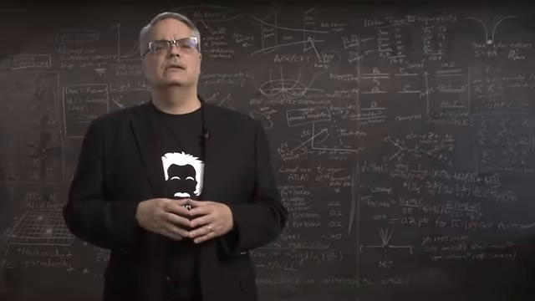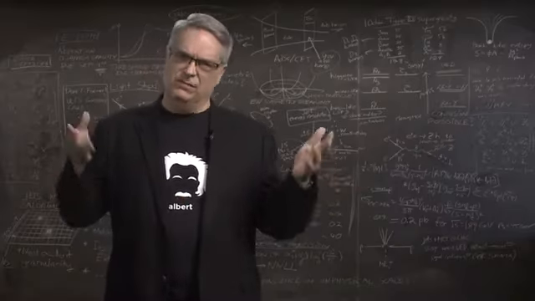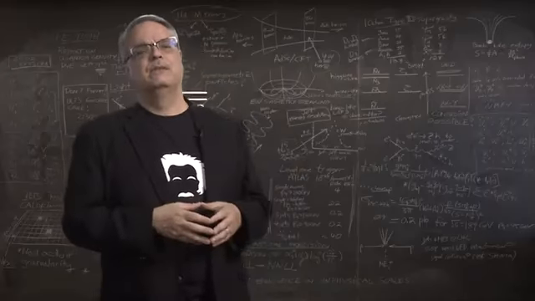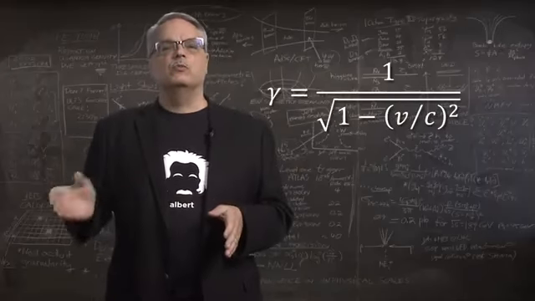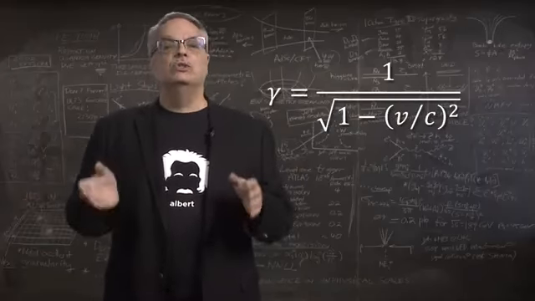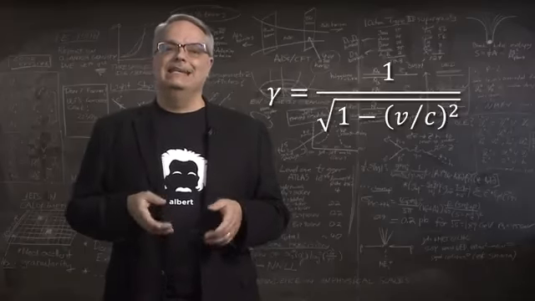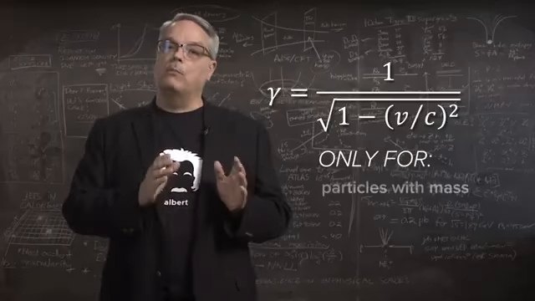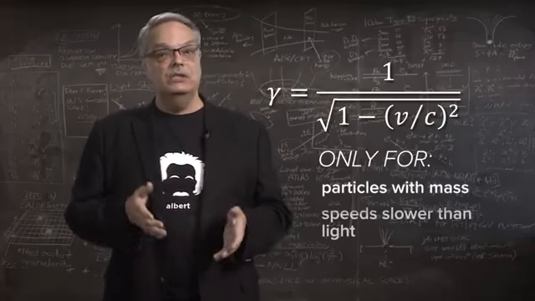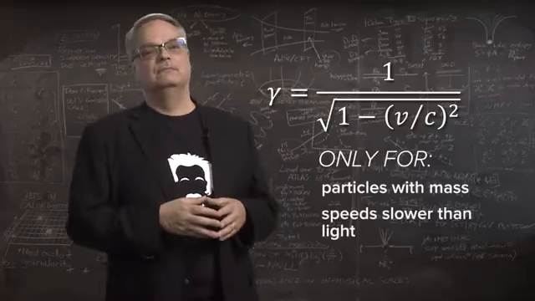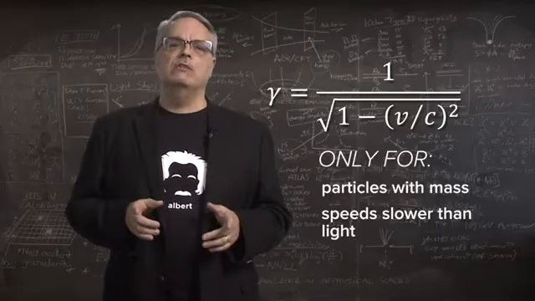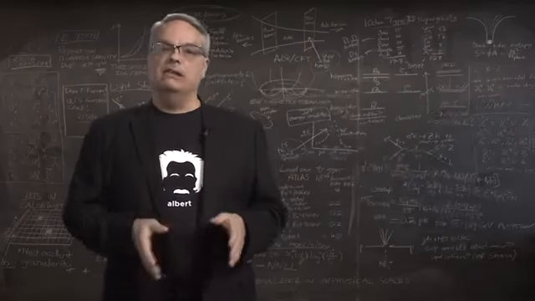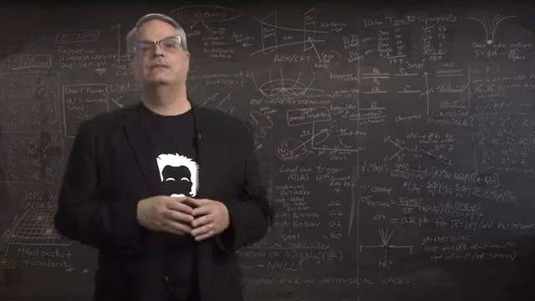So that kind of works in calculus, but invoking infinities in physics is usually a very bad idea. Thus, this equation doesn't really apply for photons, which are massless particles of light. Indeed, and this is an important point, this equation only applies for particles with mass and for speeds below the speed of light.